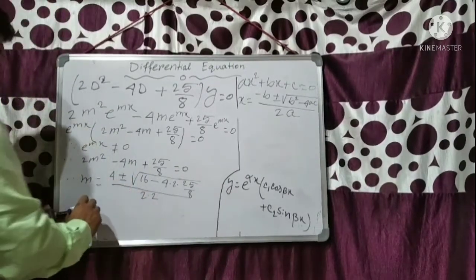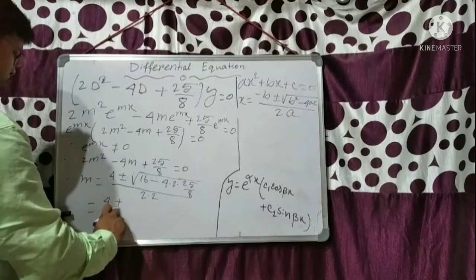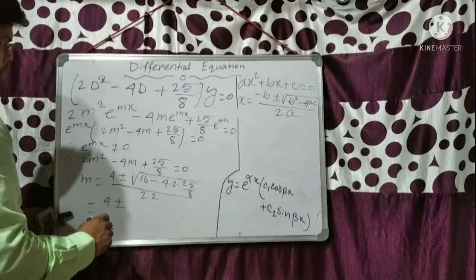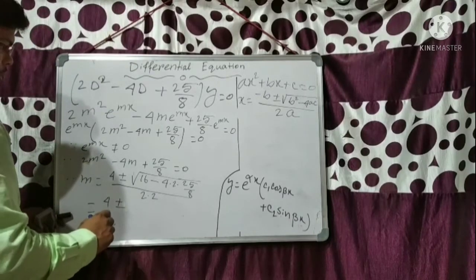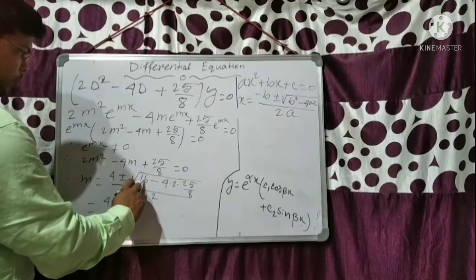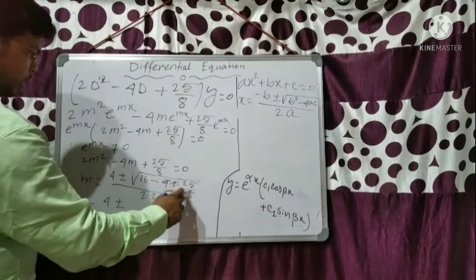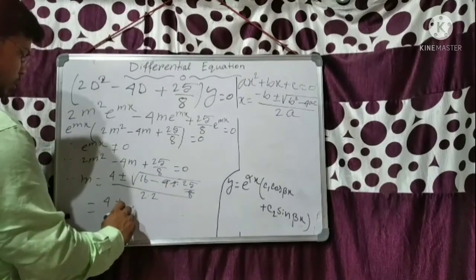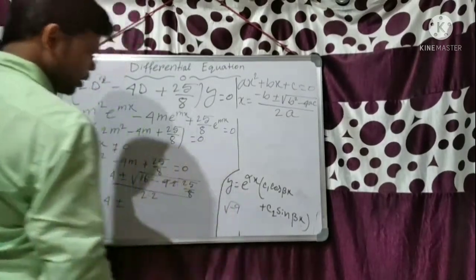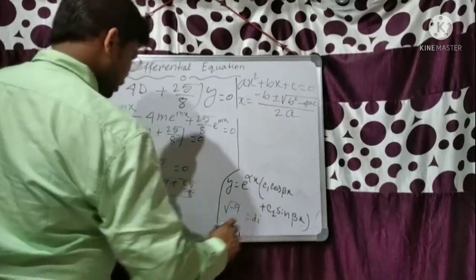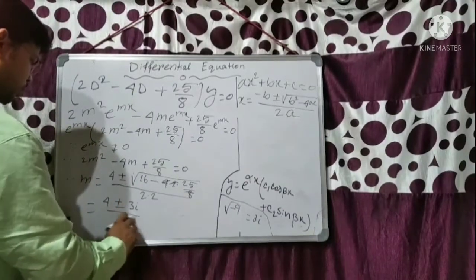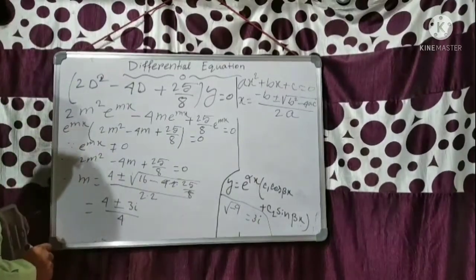Okay, so this is equal to 4 plus minus, just see here, root over of 16 minus 25, root over of 16 minus 25 means root over of minus 9, and root over of minus 9 means we can write 3i. Okay, we can write 3i. So 4 plus minus 3i by 4. Okay, 4 plus minus 3i by 4.